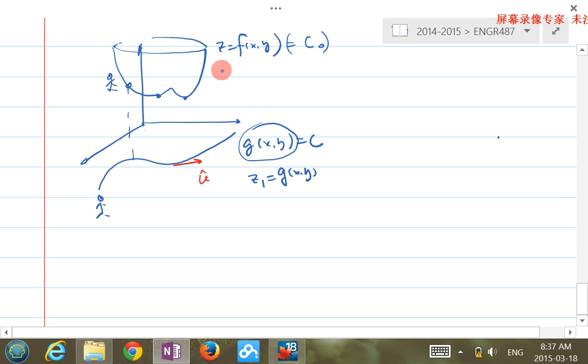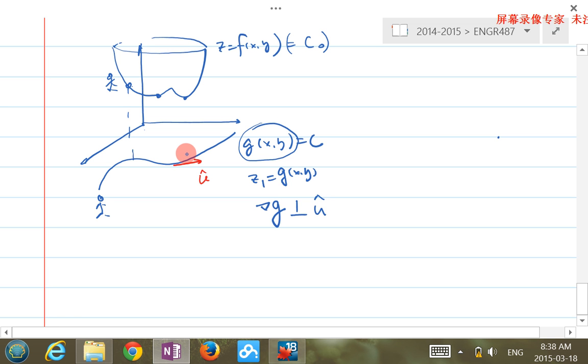You get the so-called contour. So this is basically a contour coming from a function z1 equal to g of x, y. Is that right? If u hat is a tangent vector, then the gradient vector del g is always perpendicular to the u hat.